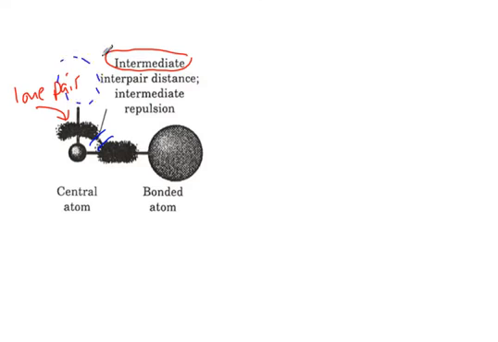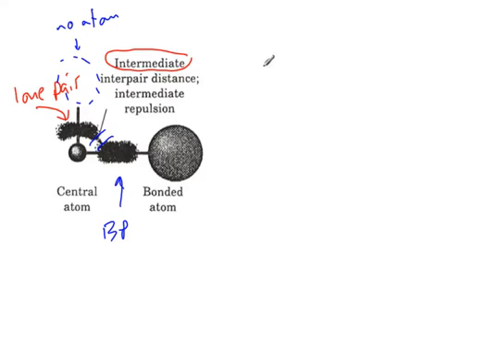So the bonded atom is gone, and therefore there's no nucleus from a bonded atom pulling the electrons away from the central atom. The only thing pulling electrons is the central atom, so the electrons will be able to get closer to the central atom. We still have a bond pair here, and that hasn't changed. That orientation, that electron pair is about the same. But the distance is decreased because the lone pair is now closer to the nucleus.